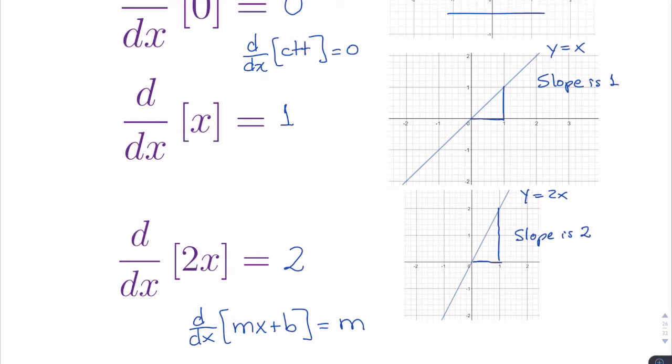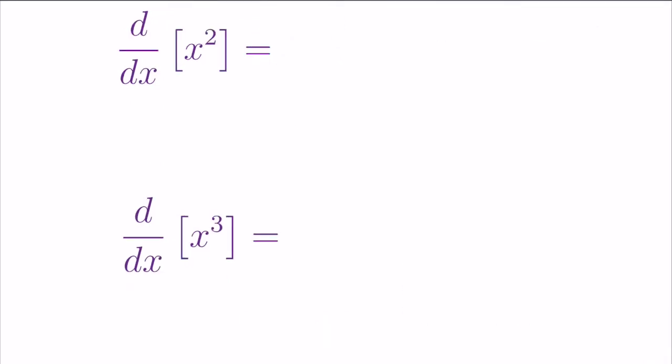Let's try the parabola. The parabola is not as simple because it doesn't have a constant slope. It varies. So we have to do it by using the definition: f of x plus h minus f of x over h. Here, f of x is the parabola, x squared.